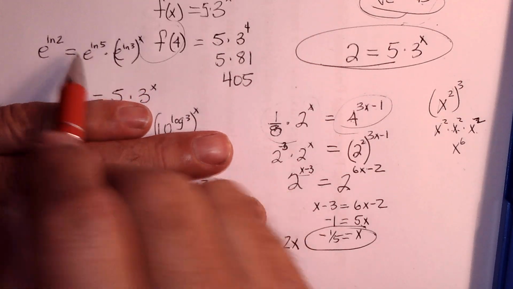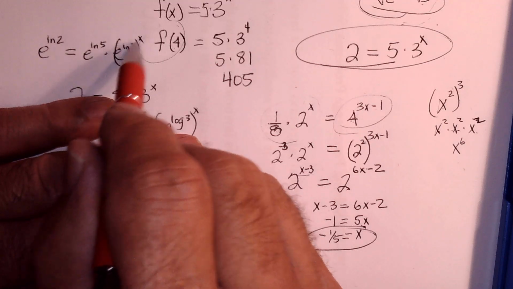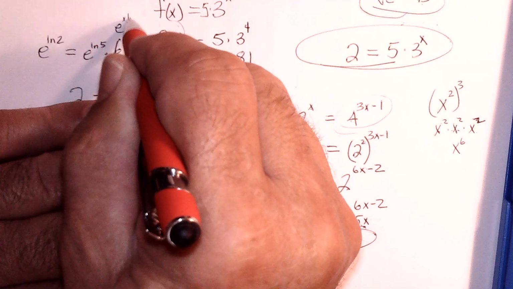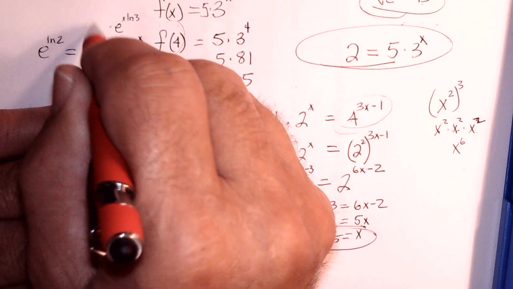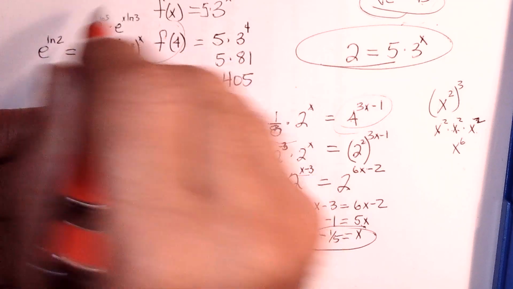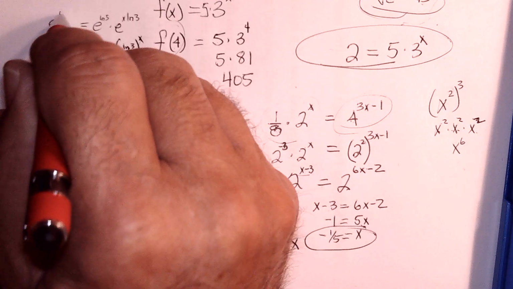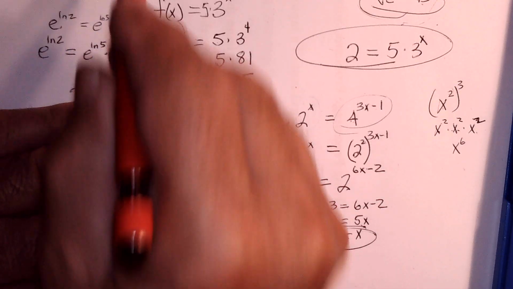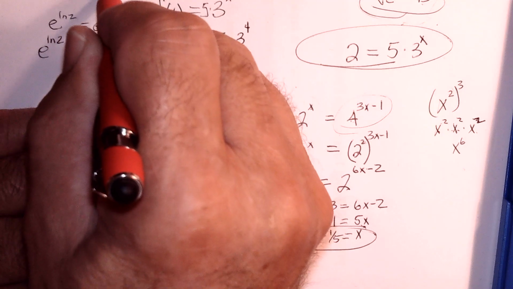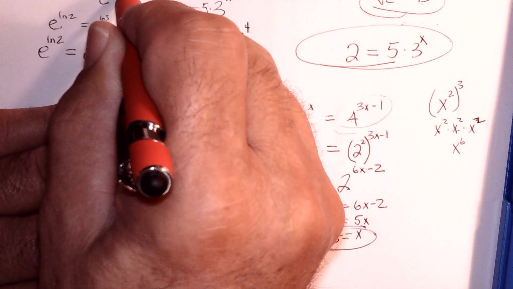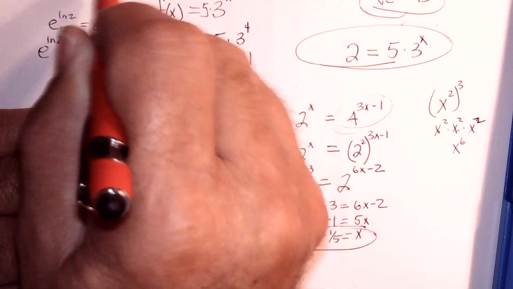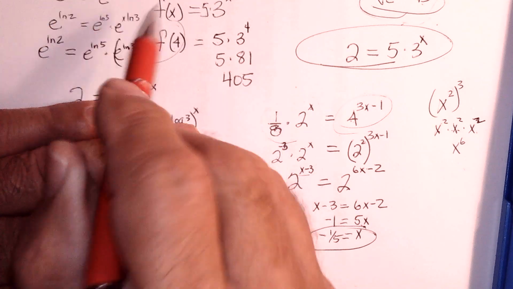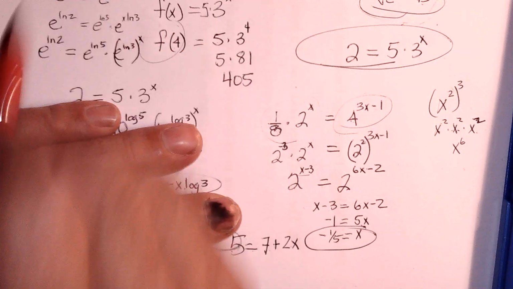And then if we do exactly what we did before, this becomes x ln 3 times e to the ln 5, and when I multiply, I add, so I get e to the ln 5 plus x ln 3 equals e to the ln 2. So this has to equal this.